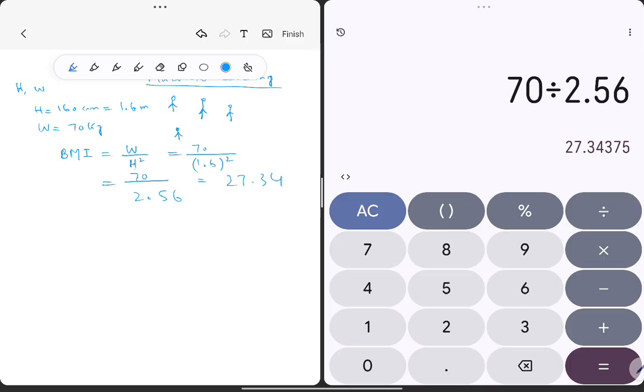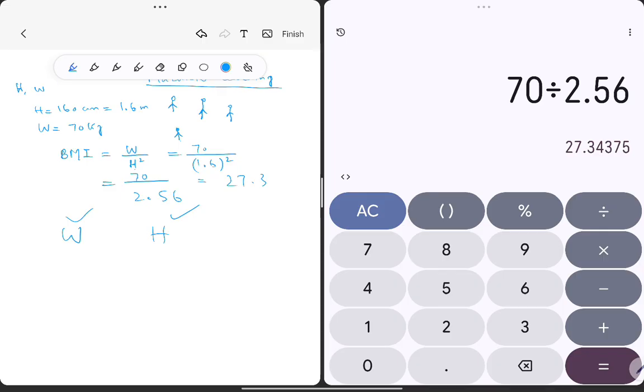Now, suppose I collect weight and height data of a group of persons. I collect these two things, weight and height. Based on the knowledge of these two things, I will find out whether the person is obese or not.